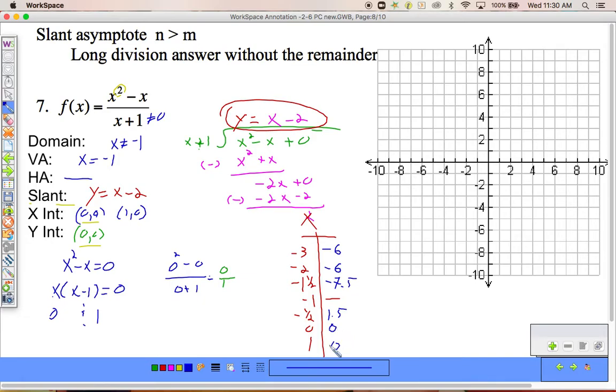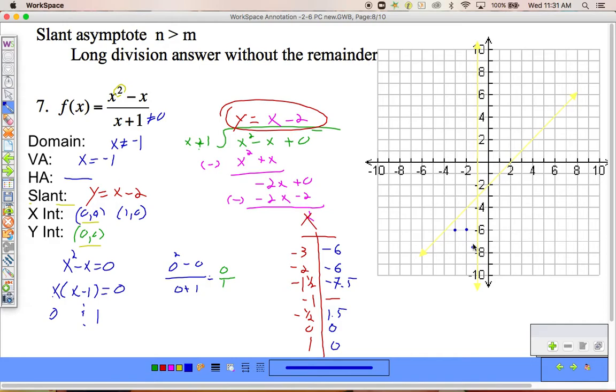All right. I'm going to plot these points. Before I plot them, let's draw our vertical and our slant. My vertical is here. My slant is the line y equals x minus 2. I just graphed that line. Now, I'll do that again. Negative 3, negative 6, negative 2, negative 6, negative 1, negative 7.5.